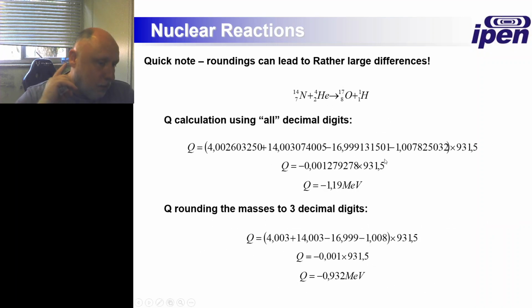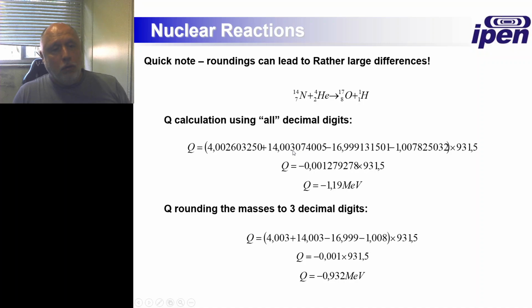Once again, remembering what we were talking about before about roundings in those calculations, the same thing happens again here. If we use all decimal digits, which is what we find in a table, we discover that the Q of this reaction is minus 1.19.